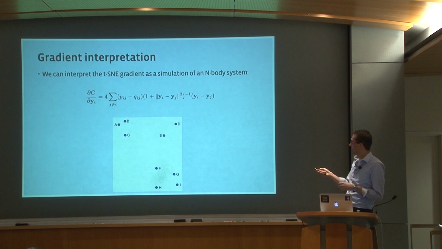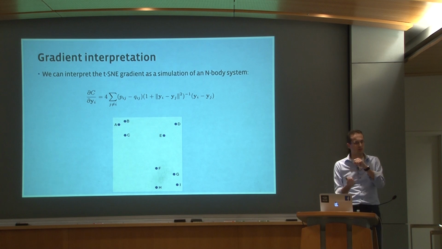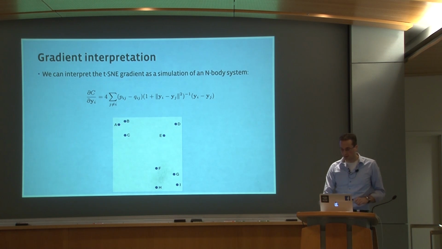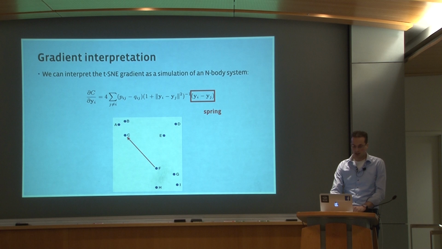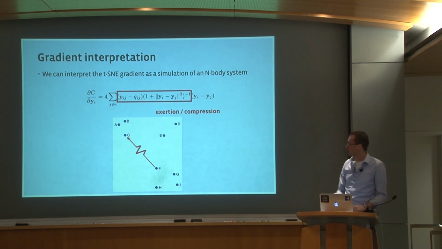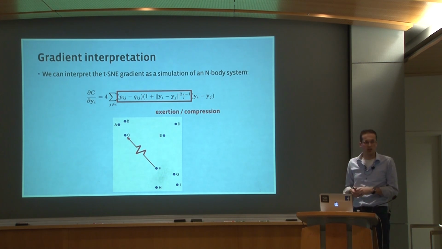So the gradient actually takes this form, right? What this is saying is, how should I move point yi in order to make this Kullback-Leibler divergence a little bit smaller? And if you look at it, it consists of two parts. There's a spring between point yi and yj, and then there is some sort of extension or compression of that spring.